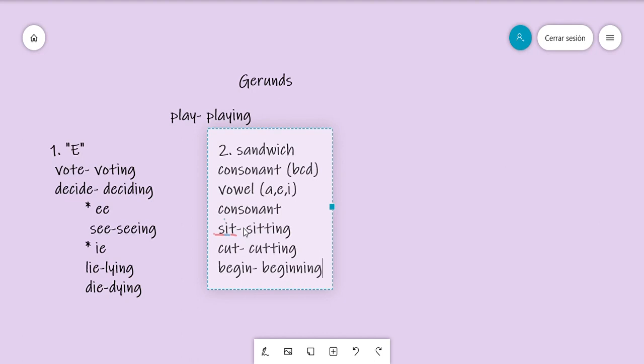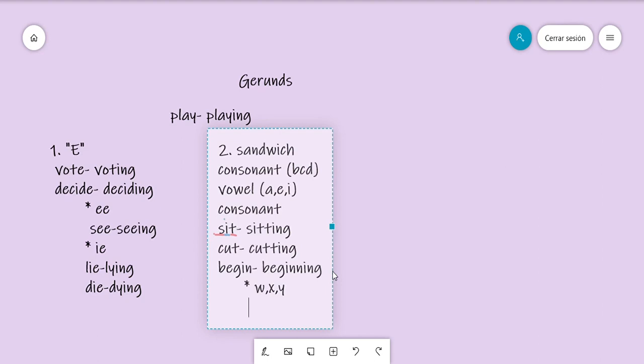Now, as I said in number 1, you have an exception. For example, when you finish with the letters W, X, or Y, you can't repeat the last letter.